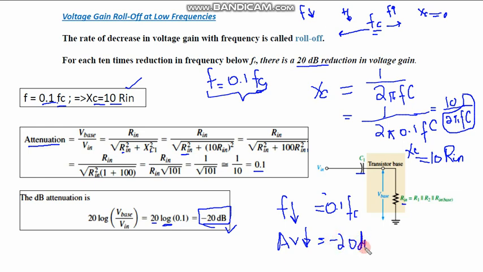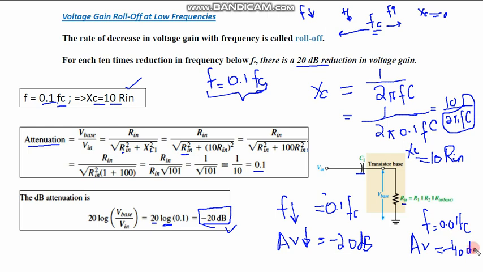In the next step, if I further reduce this to 0.01 Fc, we can deduce by a similar manner that the voltage gain is further reduced to minus 40 dBs.